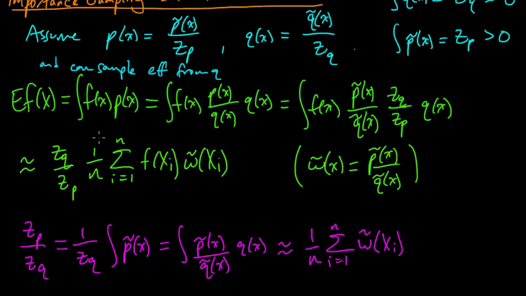So we can use the exact same xi, where x1 through xn are distributed according to q. And we can use the same xi's here.